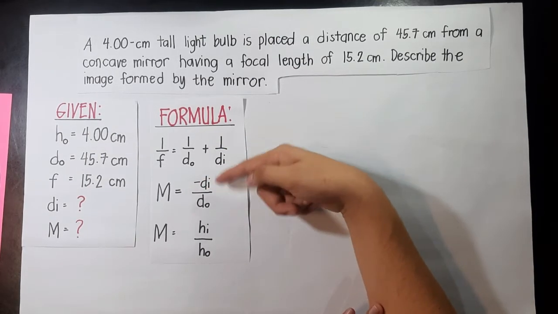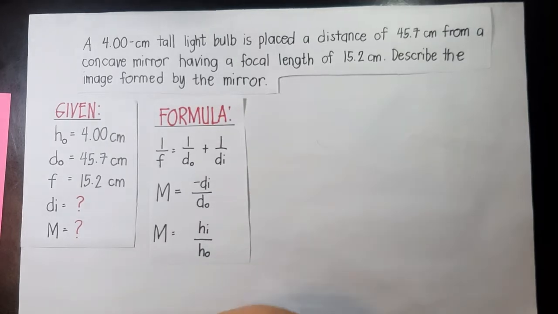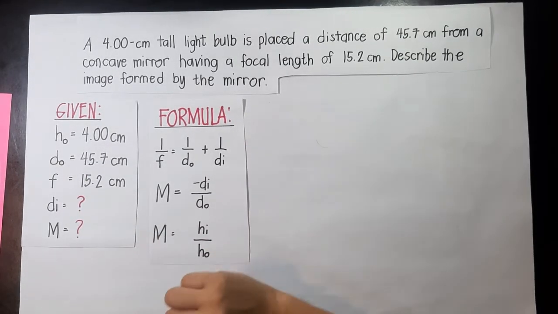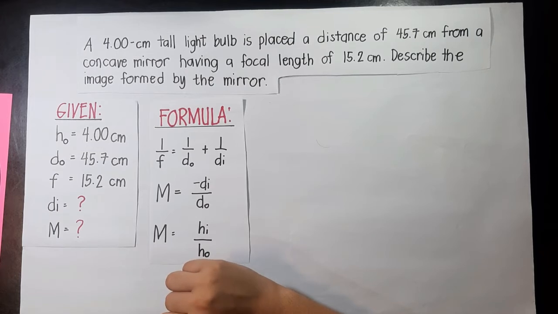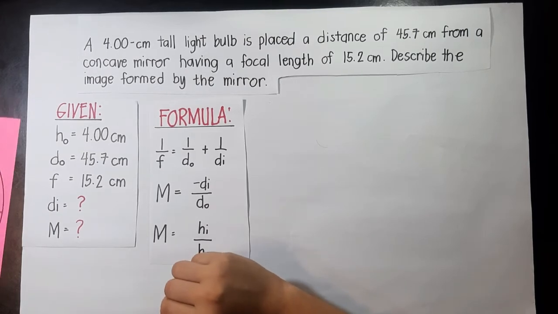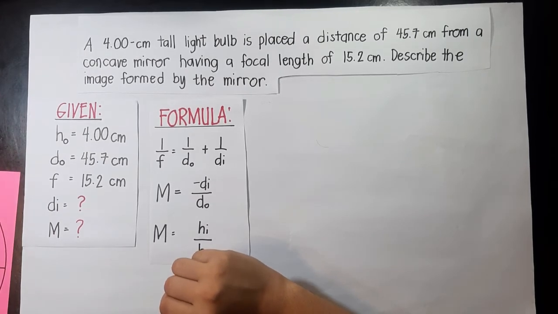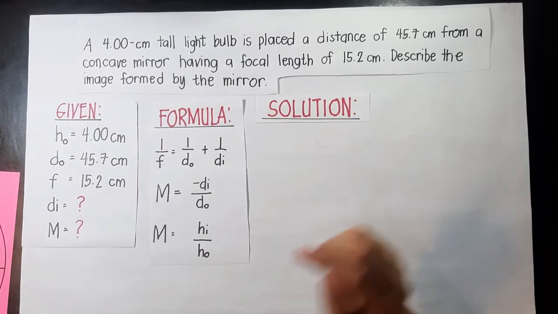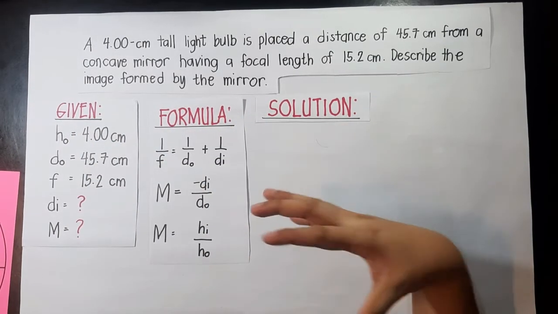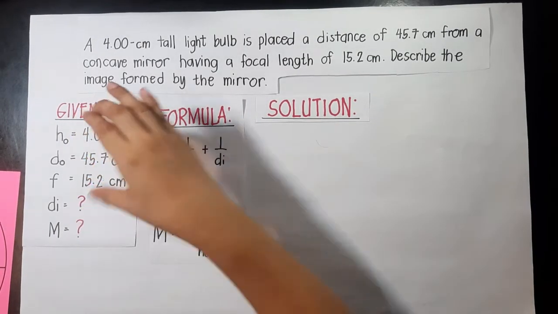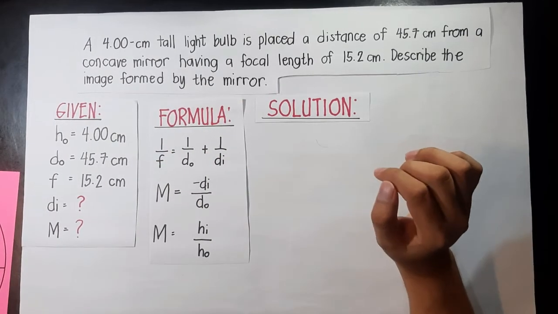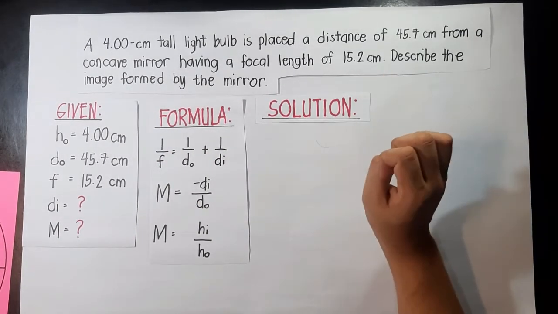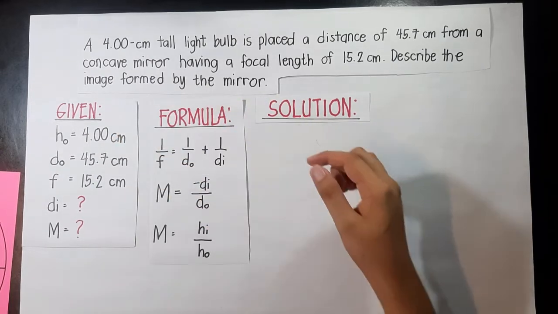Itong dalawa na to. So, para makuha muna natin yung DI, kasi importante natin siyang makuha, gamitin muna natin yung first formula, which is 1 over F is equal to 1 over DO plus 1 over DI. So, for the first solution, let's substitute all the given in the first formula, which is F and DO. Yun lang naman yung meron tayong given sa formula natin na yan.